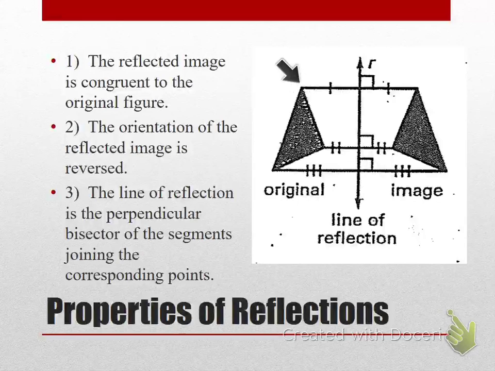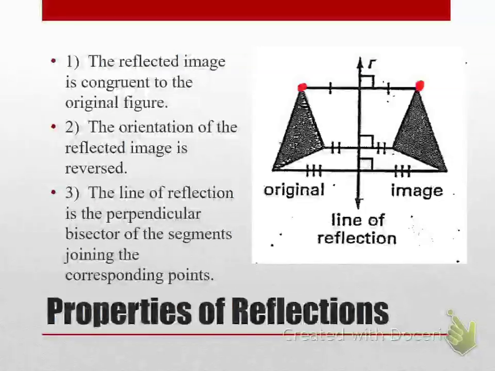But if we were to join these top points that got reflected, so we're looking just at this original top point to the image top point, and they connected those two points together, the line of reflection is perpendicular to that connecting piece, and it splits that connecting piece into two congruent parts. Again, not something we're really going to use, more of a fun fact.